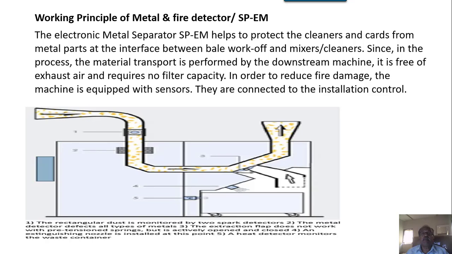So here in the metal separator or fire detector, where presence of metal is there, obviously you are required to scan that. Once the cotton is transported, it is better to have the location of this. In the earlier flow chart diagram I didn't show this one, but it is better to position this machine immediately after the first bale opener.